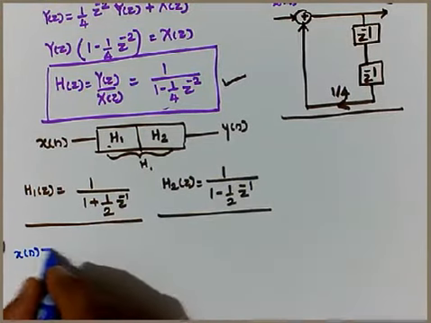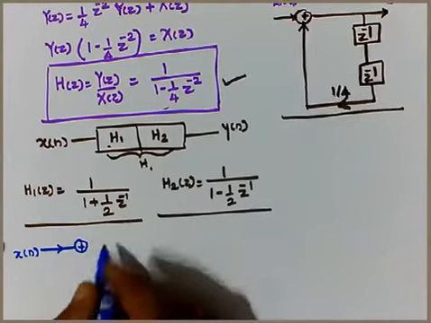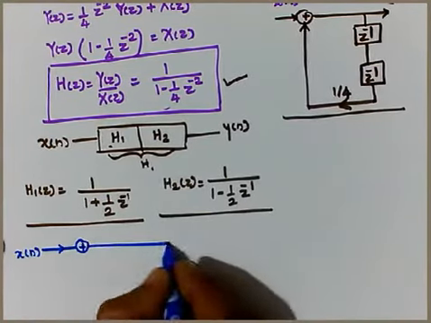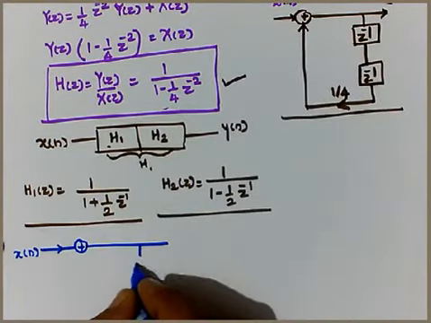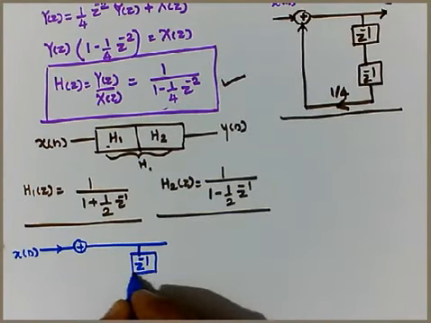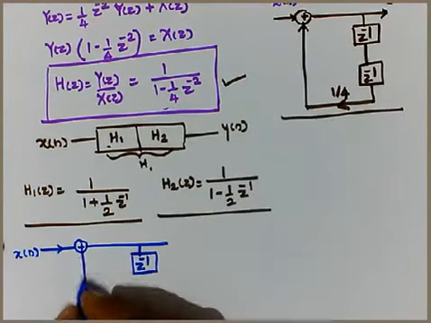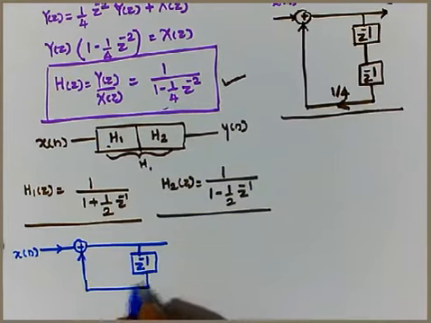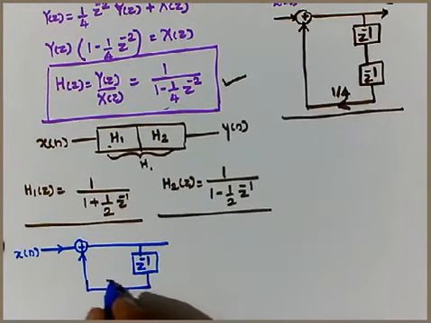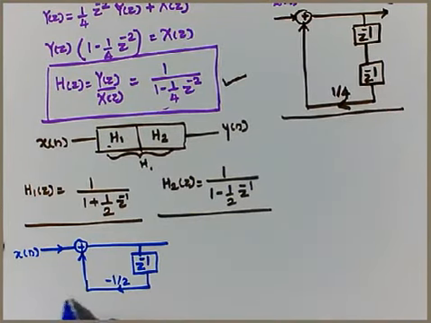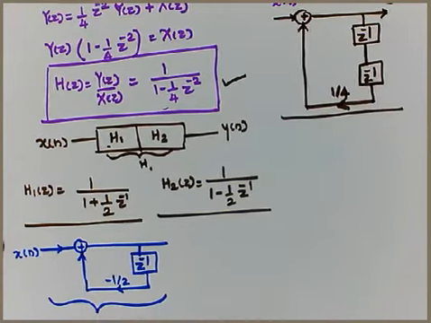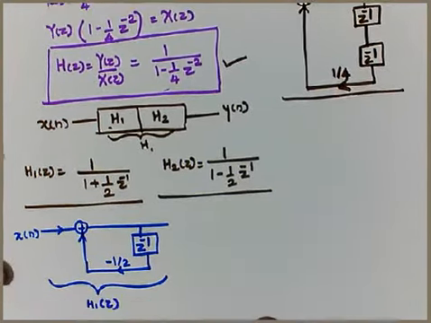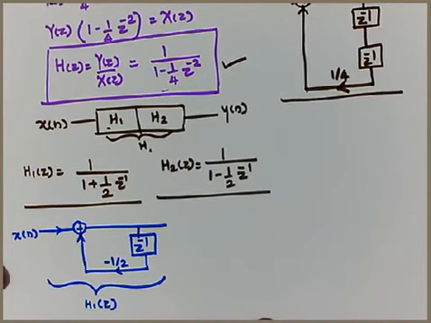Let me write directly here the adder. This is nothing but the z inverse block, and this is done with the help of minus 1 by 2. This entire structure is nothing but the realization of h1 of z.